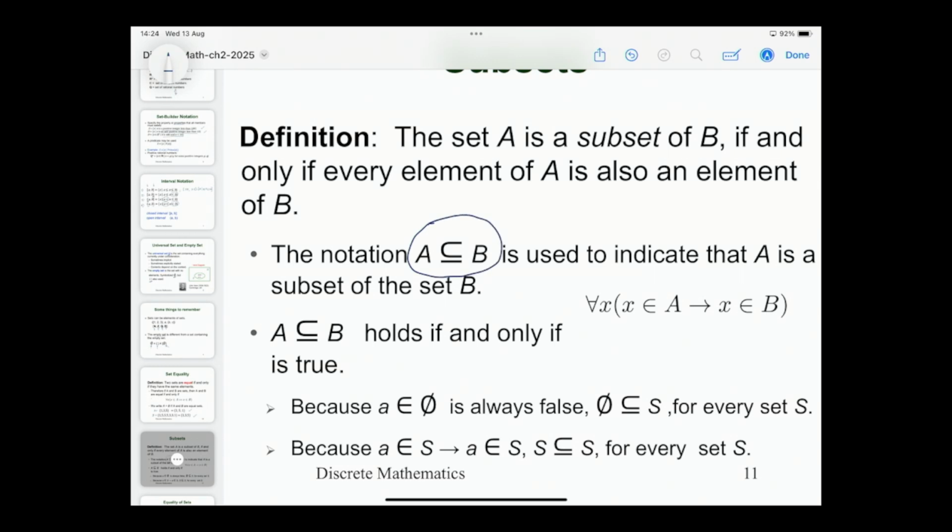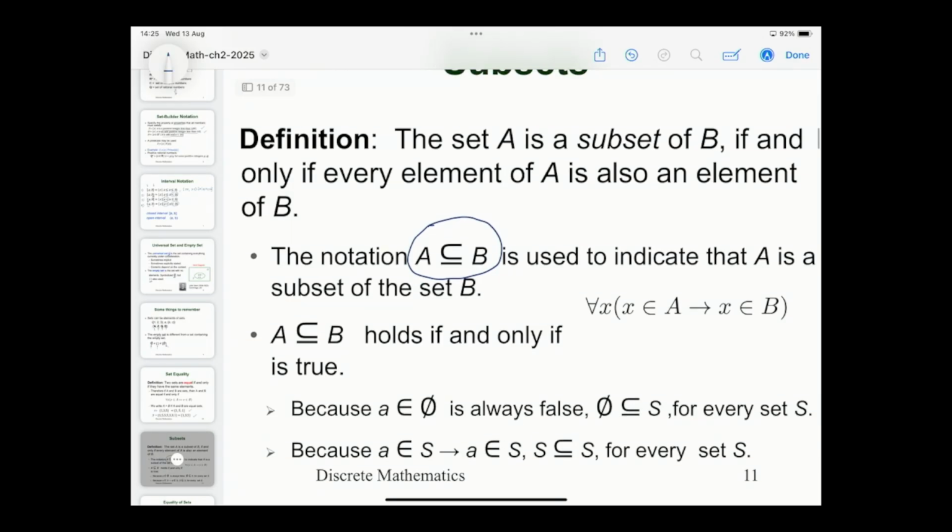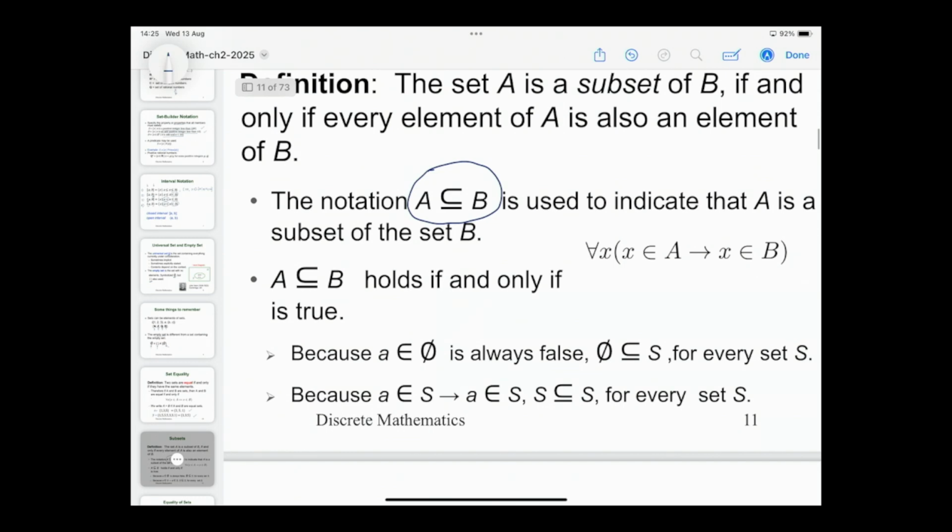It means that set A is a subset of B. That means every member of A belongs to set B. We can use the quantifier to represent the requirement for the subset here: for all x, if x is a member of set A, then x is also a member of set B. So that is related to what we discussed last week.